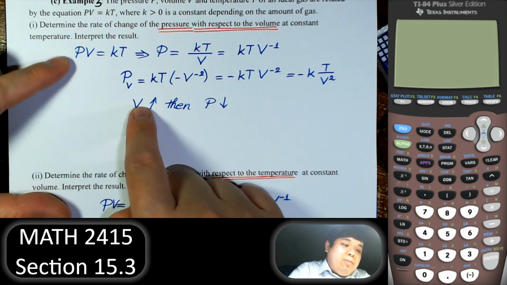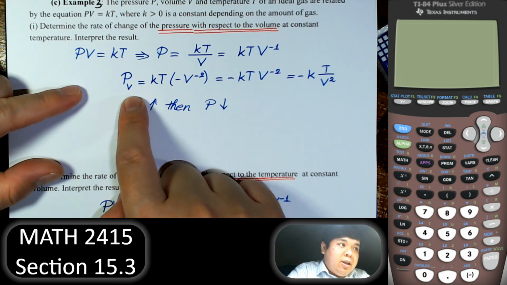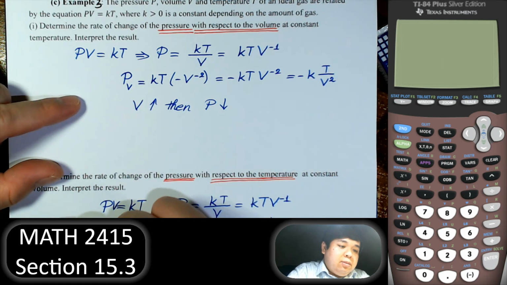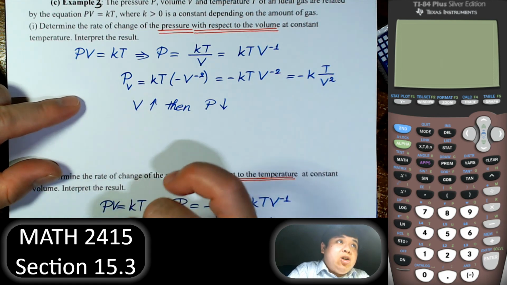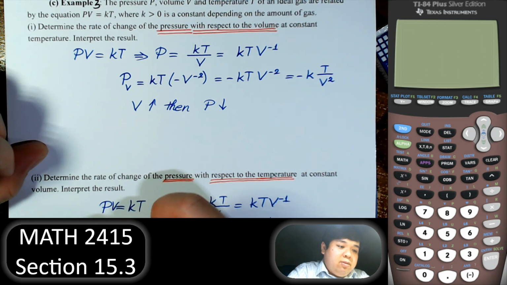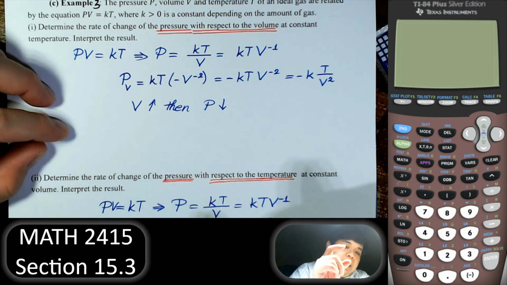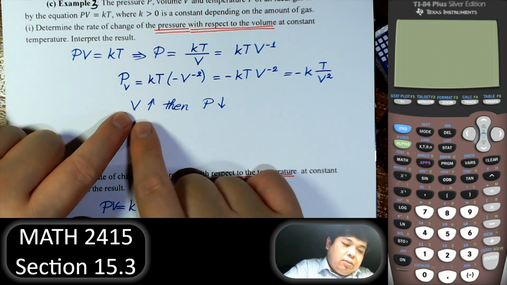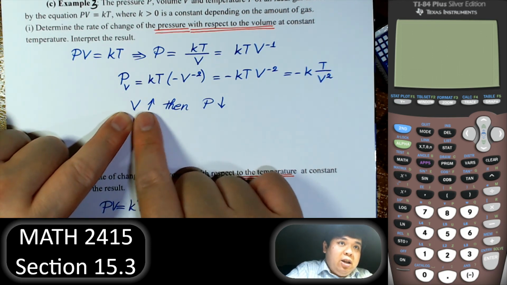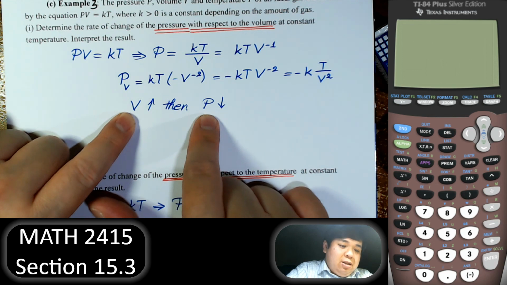Now let's look at the example here, pressure and volume. If we keep the temperature constant, if the volume increases, the pressure decreases.